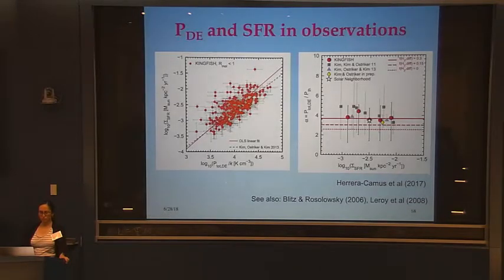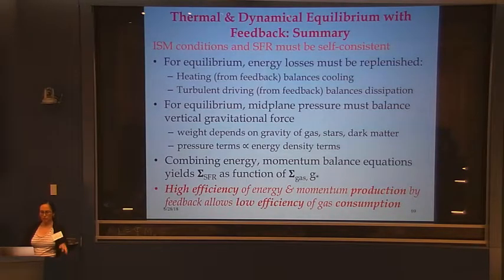Okay, so the basic takeaway here is that the ISM conditions and the star formation rate really have to be self-consistent. There's a balance of energy gains and losses, and there's also a force balance. And what that implies is, you will hear people say all the time that star formation is inefficient. But star formation is not inefficient if you actually look at what it gives you, not what you need.